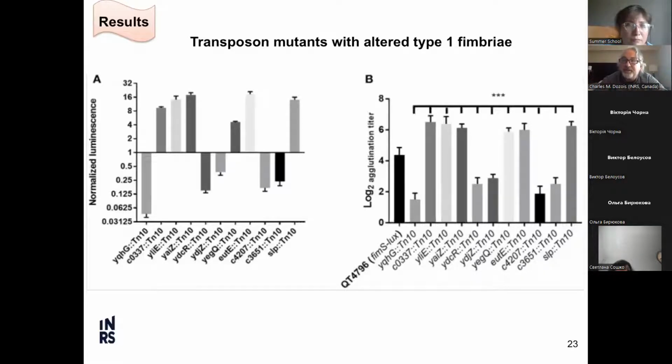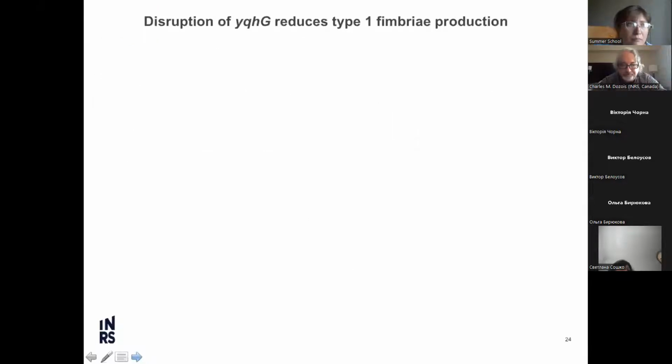We would not be able to precisely identify the fact that something may have dropped twofold by an agglutination test easily with a high level of expression in a population compared to what we can see with the Lux fusion.